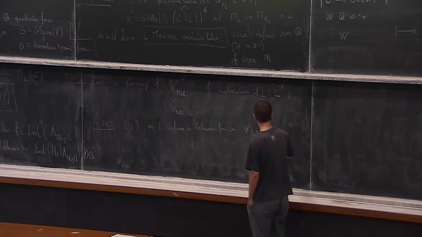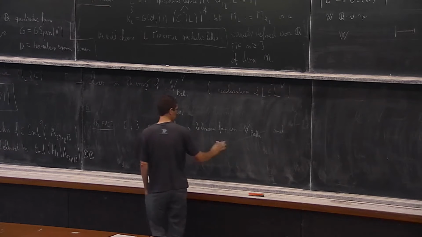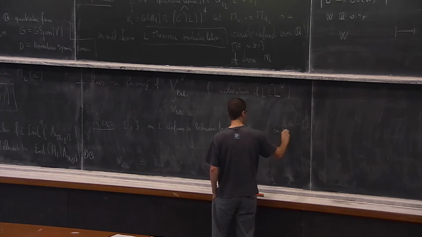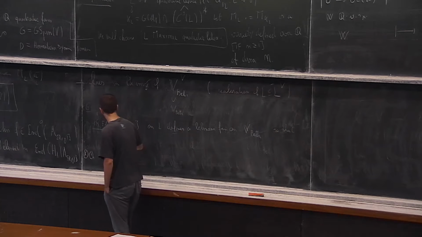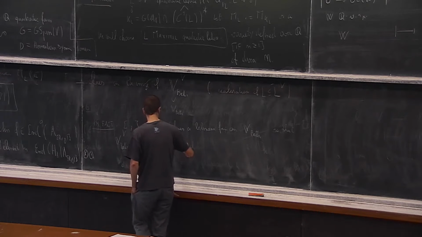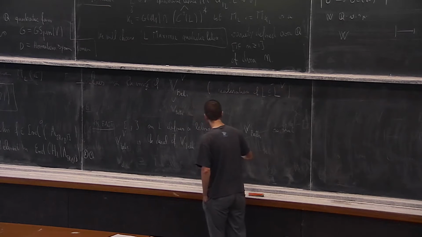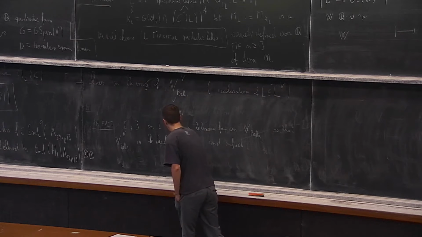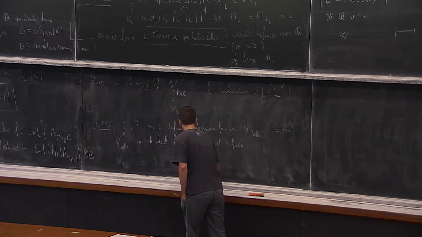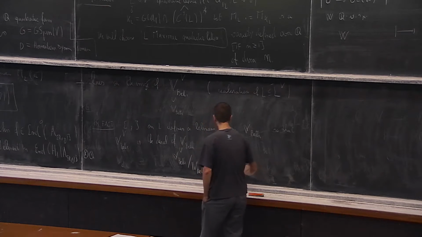And one can prove that V Betti dual is the dual of V Betti. And in fact, one can prove that the quotient of V Betti dual modulo V Betti is canonically isomorphic to the constant sheaf L dual modulo L.